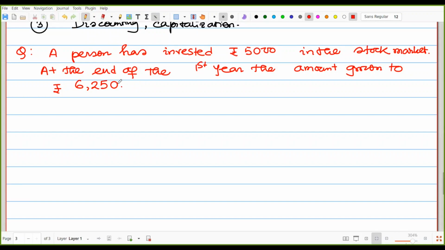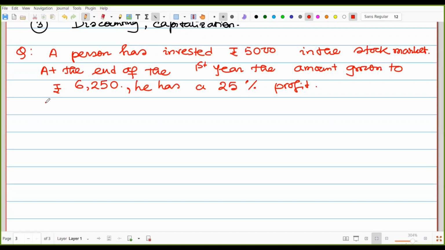Although at that moment from the current real life position, that is impossible, but suppose at the end of the first year the amount grown to rupees 6,250. So practically he has a 25% profit.